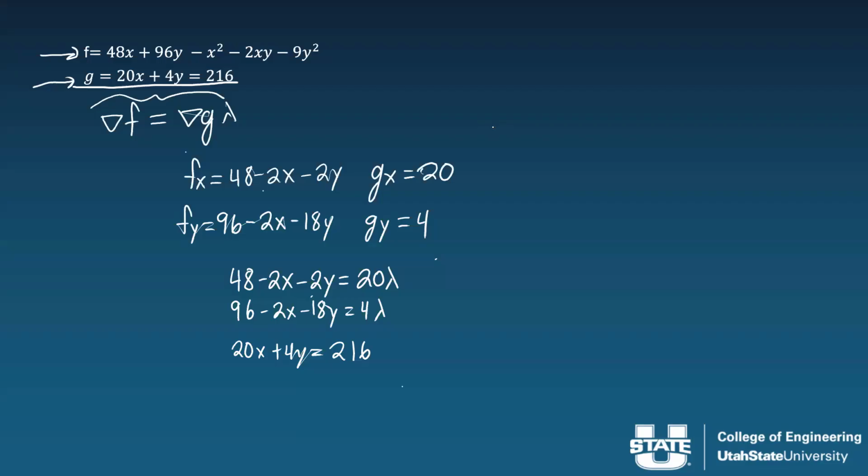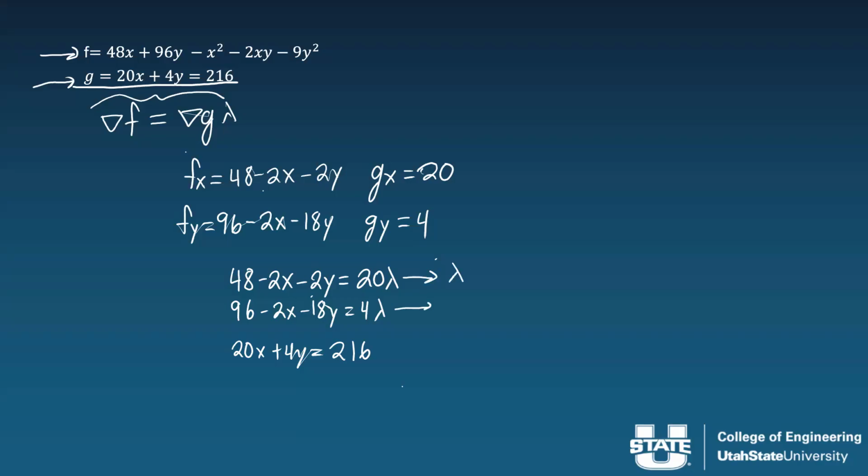Let's see, what is the best way to go about solving this? We could express our functions in terms of each other. Let's solve for both of these in terms of lambda so we can set them equal to each other.